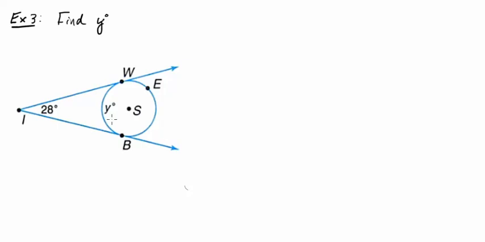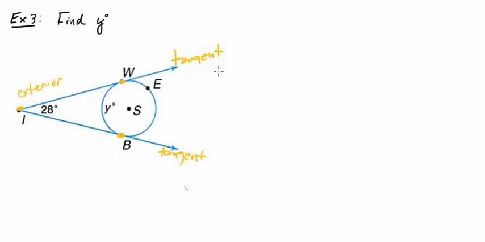So here we have WI intersecting the circle at one point, so this is a tangent line. Here we have ray BI, or IB, excuse me, intersecting the circle at one point, so this is a tangent. And they've given us angle I, the angle that's formed by those two tangents that are intersecting at an exterior point outside of the circle.